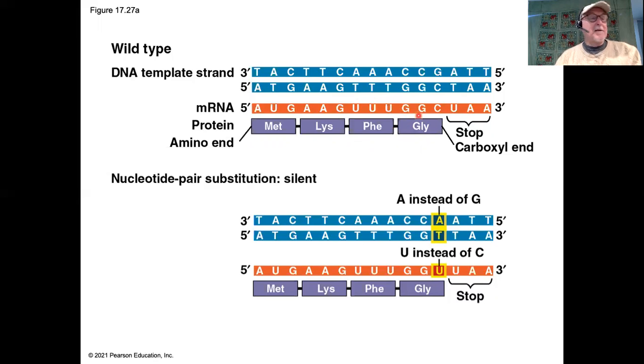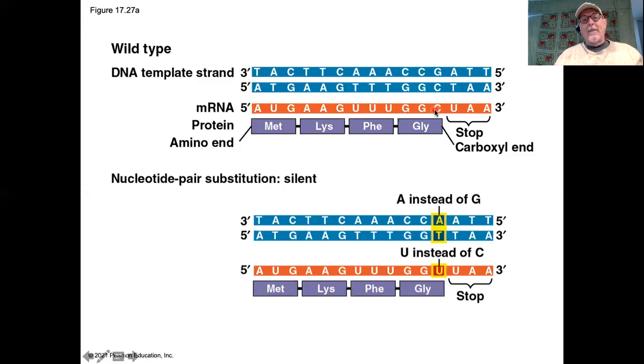Here is our wild type DNA. Here it's coding for glycine. And here's the template strand, CCG, and the messenger RNA codon that would produce, GGC.